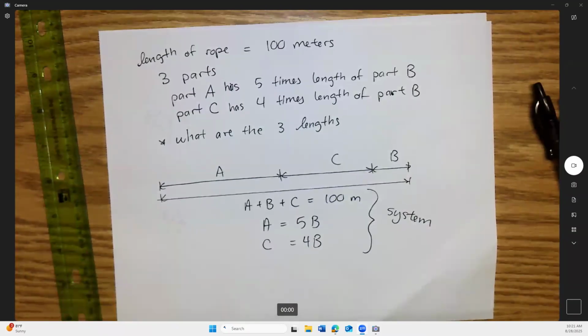Okay, let's go ahead and solve it. Can you guys use substitution? Yeah, probably.